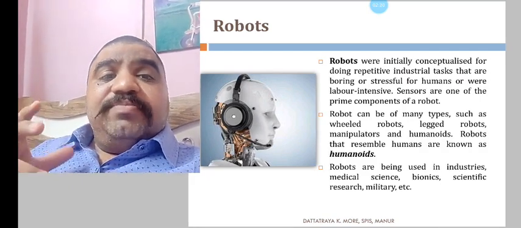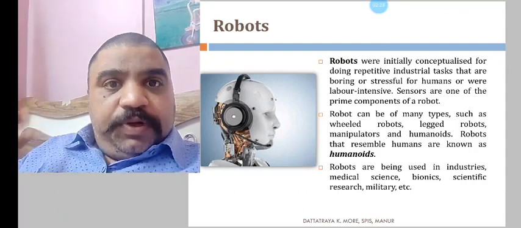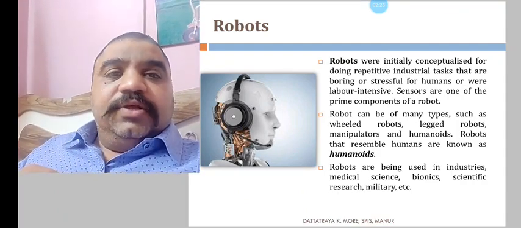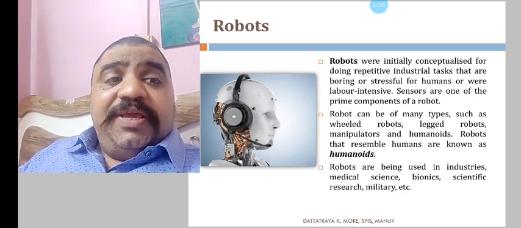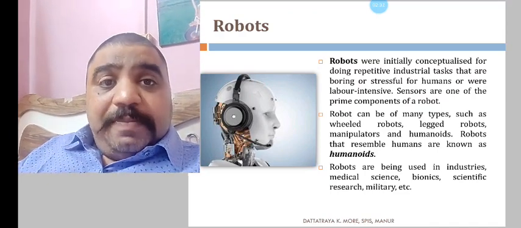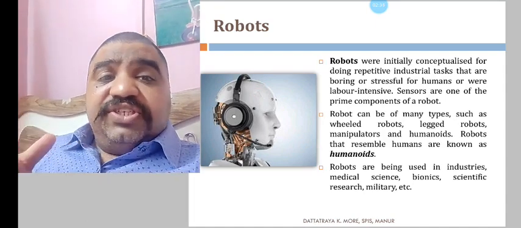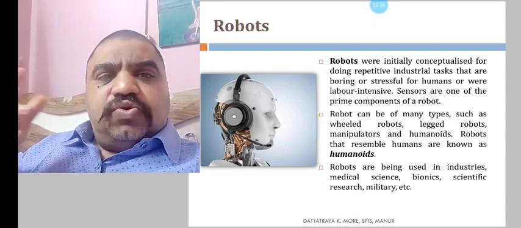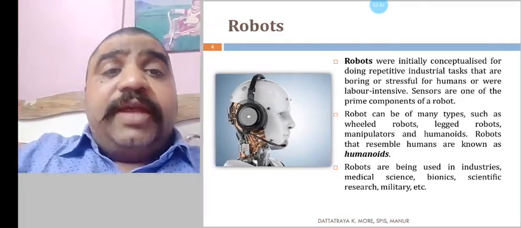Robots that resemble humans are known as humanoids. For example, the Chitti robot, you know very well, in the Robot movie and Robot 2.0 also. Robots are being used in industries, medical science, bionics, scientific research, military, etc. So many departments, so many parts are there where robots can be utilized.